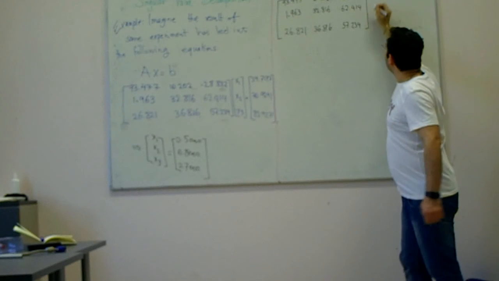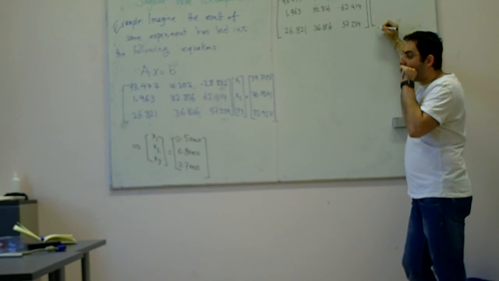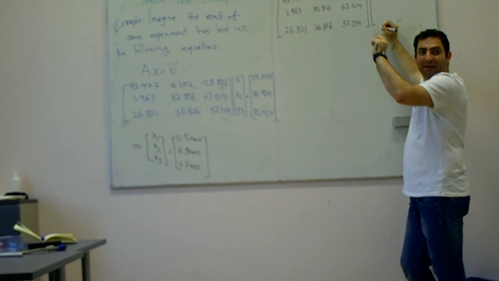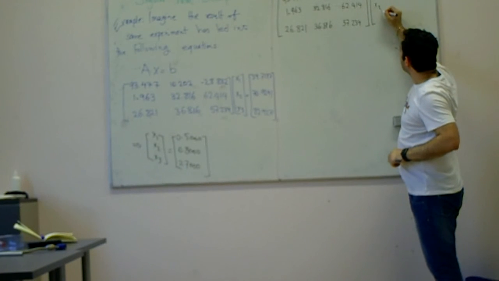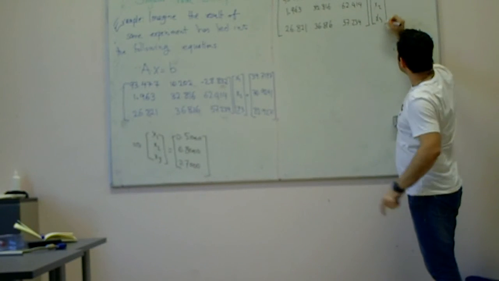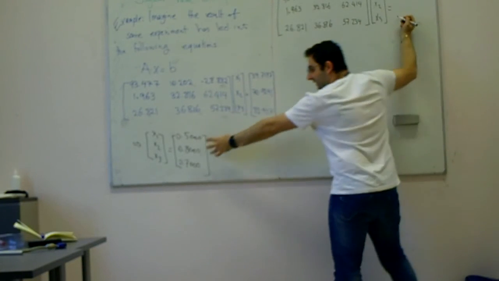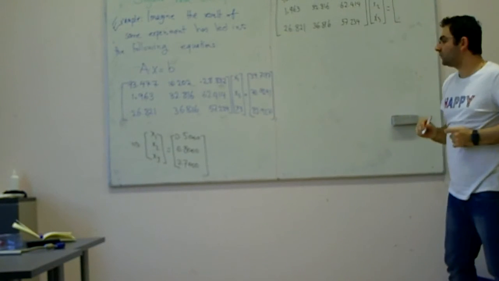Ill-conditioned, or a big value of kappa, means that if we change the input slightly, the output will be changed significantly. We have this set of equations, and we have got the result. These are the inputs, and these are the outputs. Look what I want to do with the input.